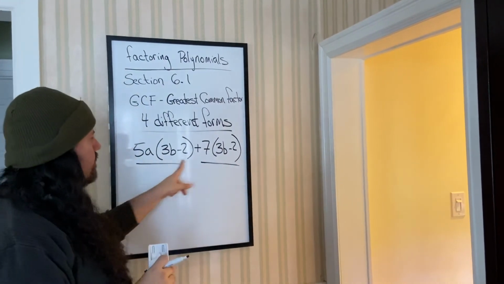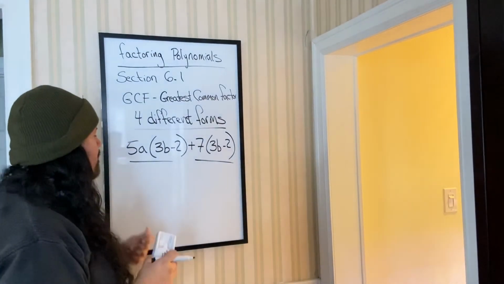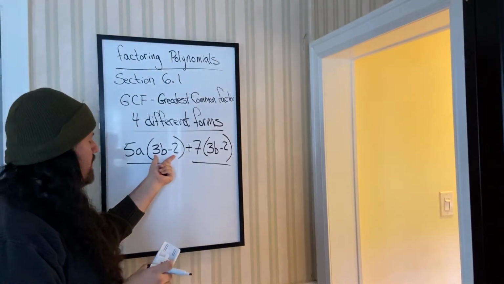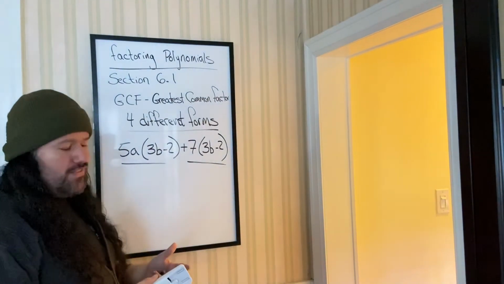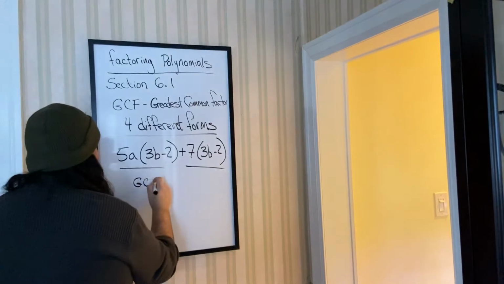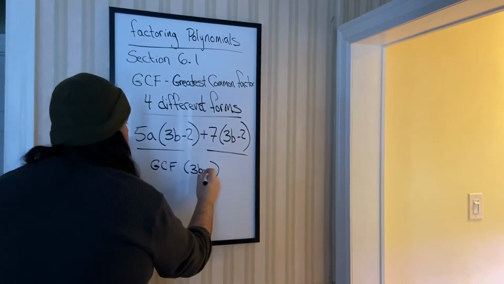Looking at the two terms to see if there's a GCF, your first step is to see if you have any matching parentheses. Notice that we have a binomial 3b minus 2 and another binomial 3b minus 2. Clearly, we have a GCF. Each term has a matching set of parentheses of 3b minus 2.